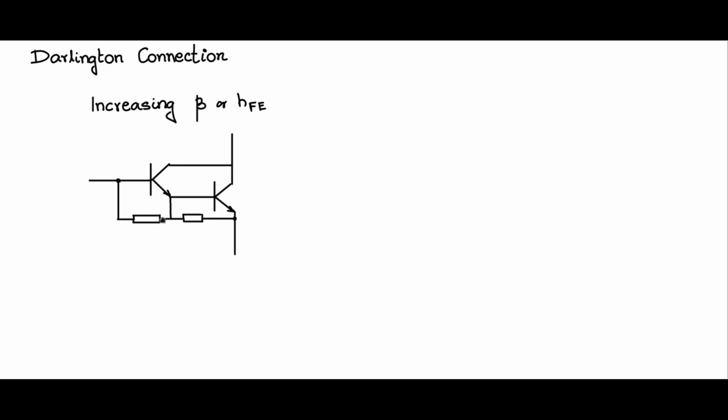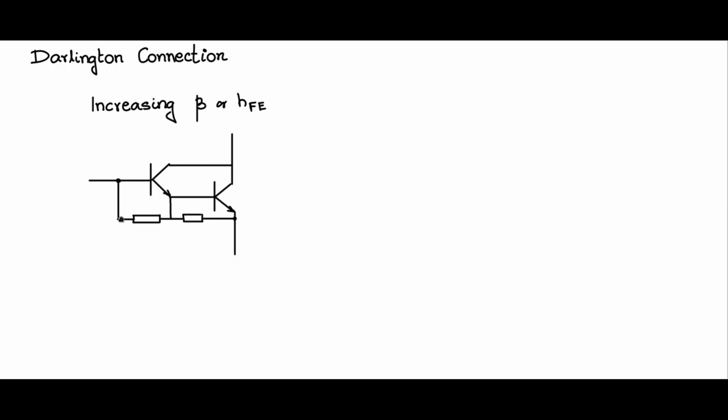The reason you need to put these is that you need a path for the stored charges in the base to recombine. Recall that in the dynamic characteristic discussion, we saw that for the BJT to turn off, you need to remove the base stored charges, and for that a negative base current needs to flow.